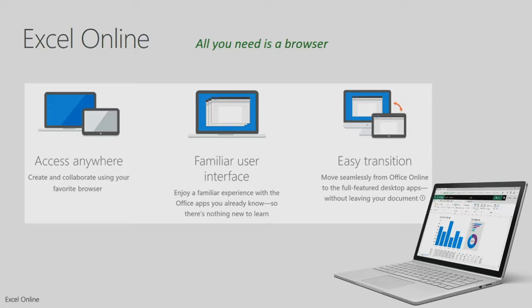This switch is really easy. You have a button, you can just press it, and the workbook opens in Excel Desktop. You can do whatever heavy lifting you need to do in Excel Desktop and go back to Excel Online. This transition is really easy. And some people do use it for some things.